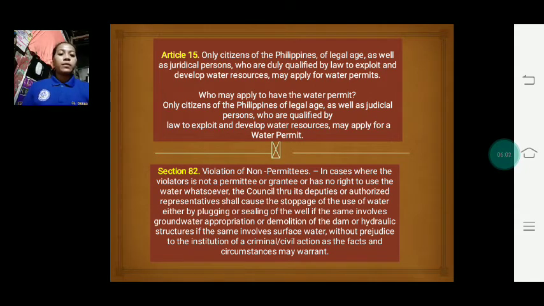In cases where the violator is not a permittee or grantee or has no right to use the water whatsoever, the Council through its deputies or authorized representative shall cause the stoppage of the use of water either by plugging or sealing of the well if the same involves groundwater, or demolition of the dam or hydraulic structure if the same involves surface water, without prejudice to the institution of a criminal or civil action as the facts and circumstances may warrant.